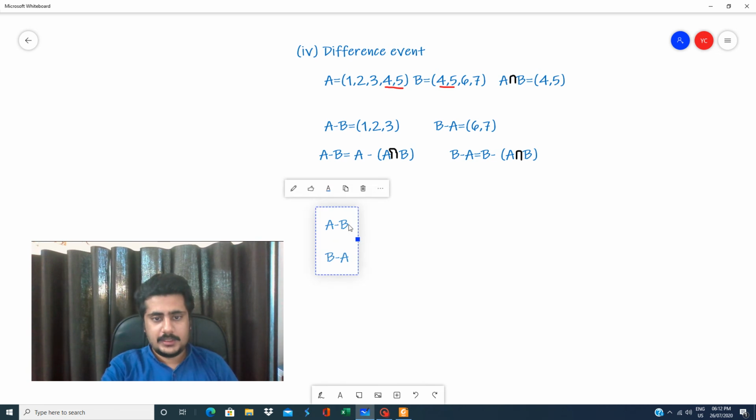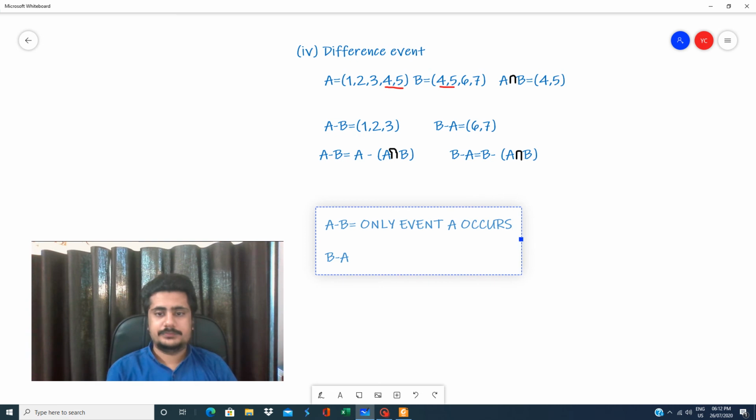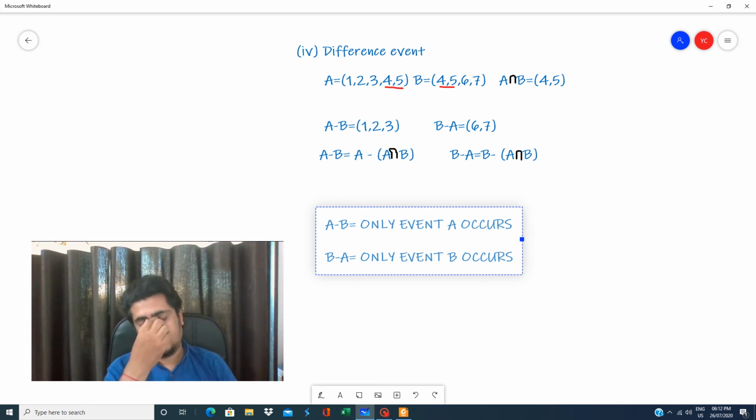So what actually is A minus B? A minus B means only event A occurs. And here I will be writing only event B occurs.